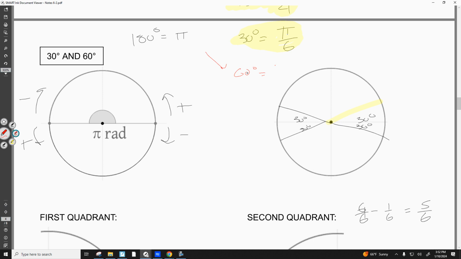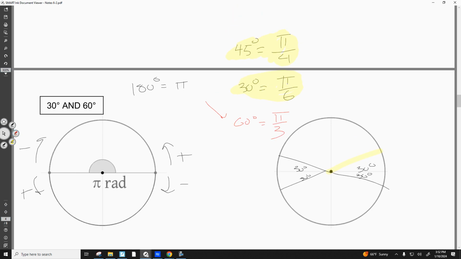You're not paying attention. 180 divided by what is 60? Come on, everybody. What? 3. That means pi over 3 is the third and final one that we have to just know.